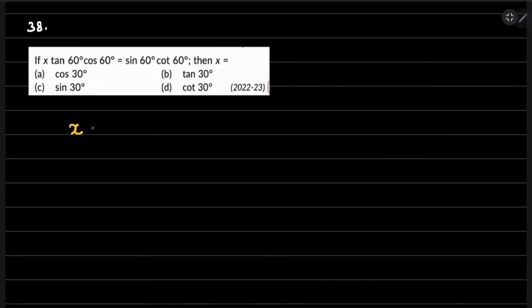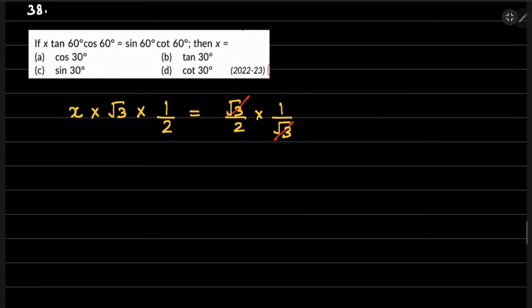So x multiplied by tan 60 is root 3 multiplied by cos 60 is 1 by 2, is equal to sine 60, root 3 by 2, multiplied by cot 60 is 1 by root 3. You can cancel a lot. The root 3 will get cancelled, and 2 will also get cancelled here. Yeah. So what is left? X into root 3 is equal to 1, and x will be equal to 1 by root 3.